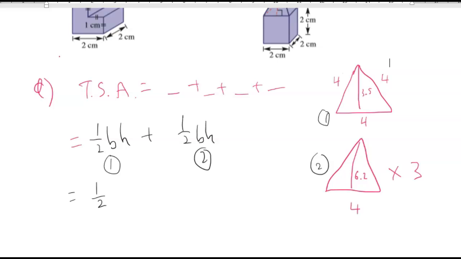So the first triangle, the base is 4. Whoops, and what I didn't do, we've got 3 lots of this. Okay, so 3 lots of triangle 2. So a half times base, which is 4, times height, 3.5. And then 3 times this triangle, so half times 4 times 6.2.